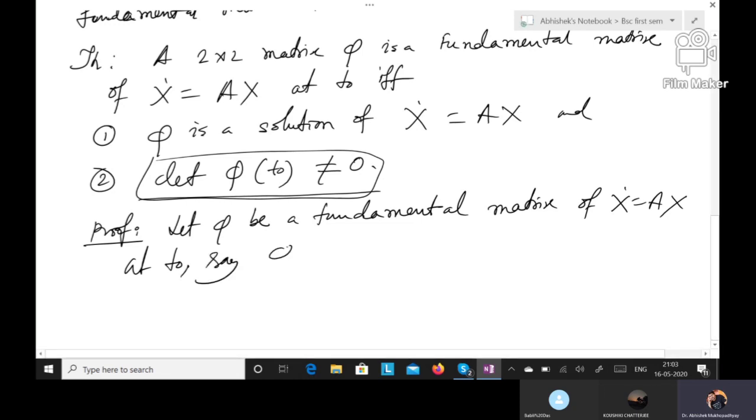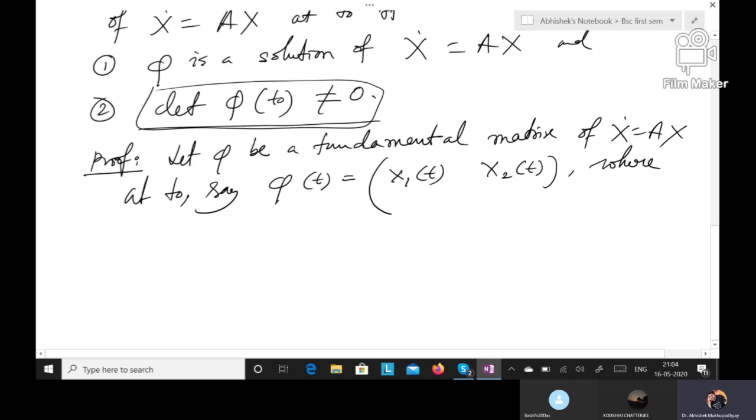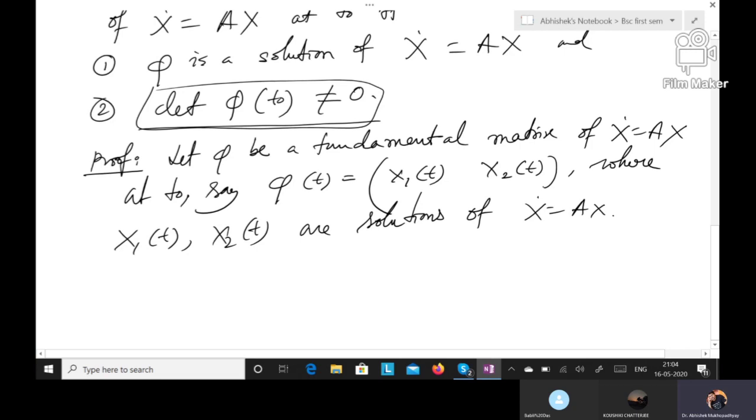Say phi is the matrix consisting of two column vectors, x1(t) and x2(t), where by the definition of a fundamental matrix, these two column vectors are solutions of x dot equal to Ax, and not only that, they are linearly independent at t0.